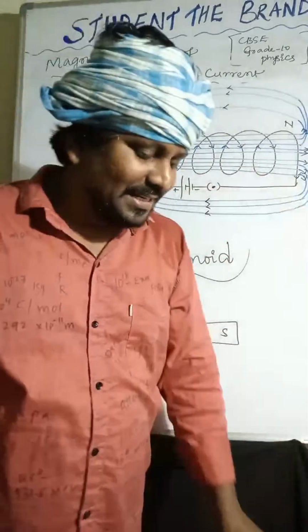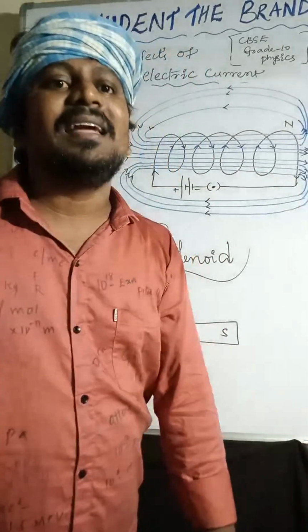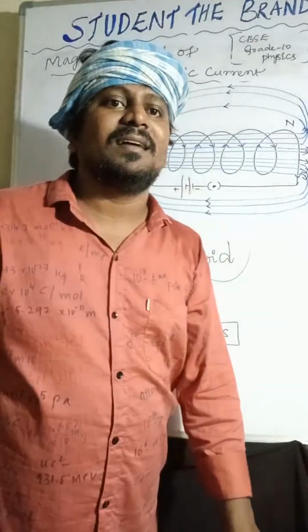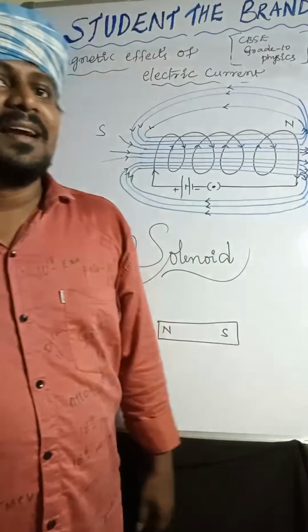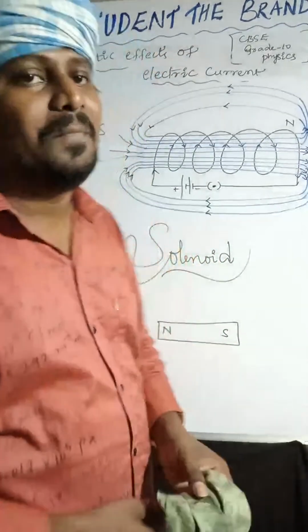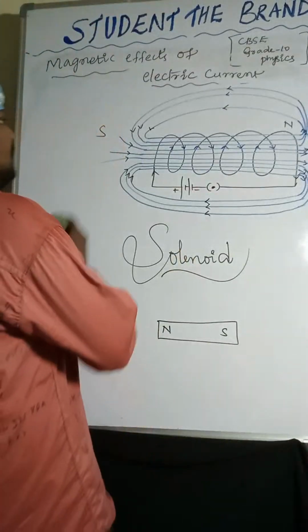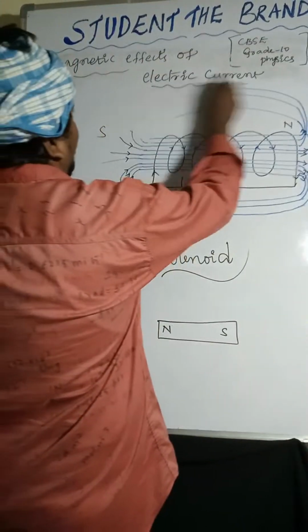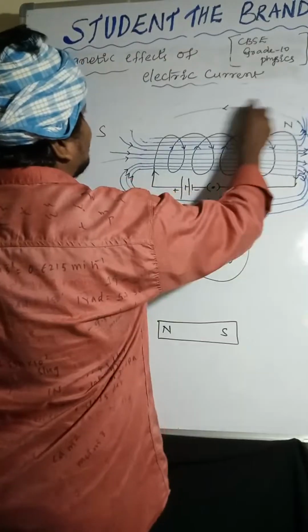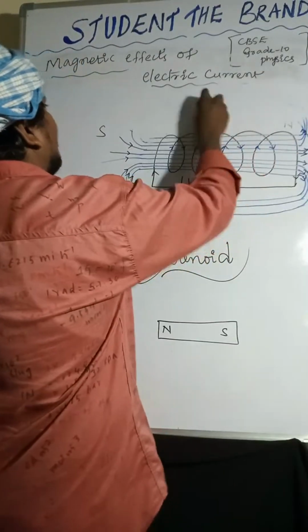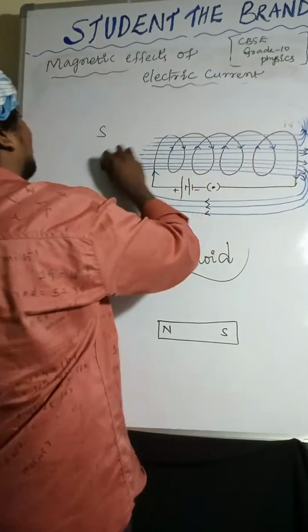Next one, now we will discuss about a current carrying conductor placed in the external magnetic field. A current carrying conductor placed in the external magnetic field experiences a force.